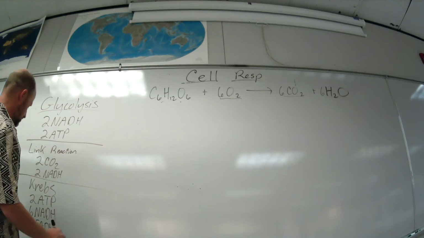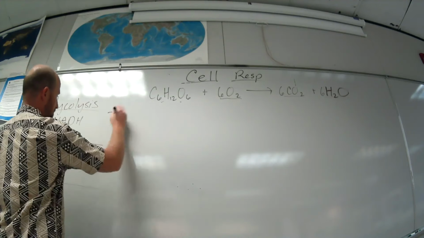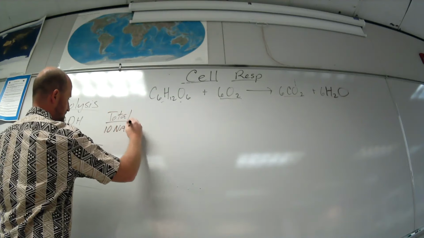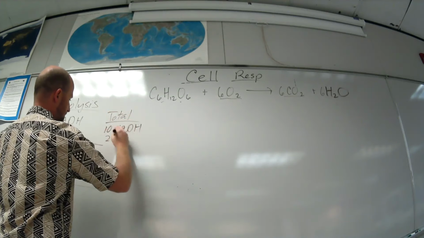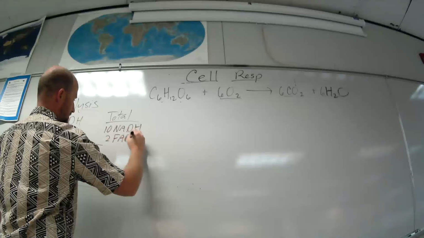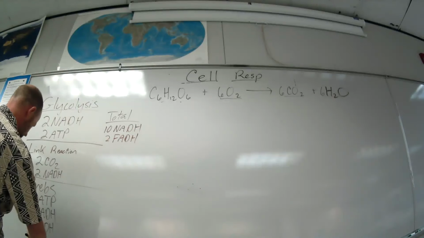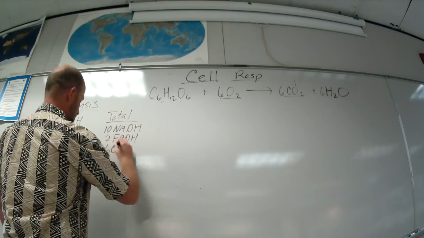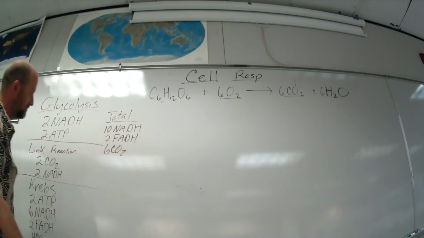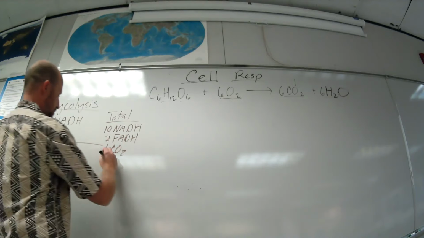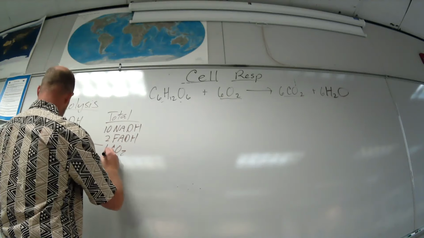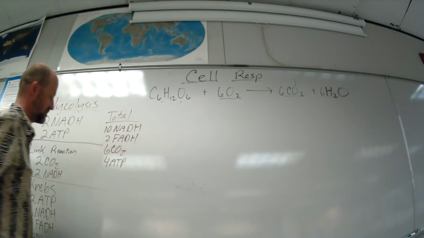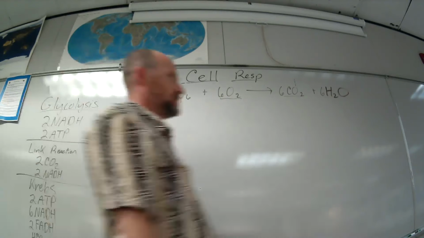That gives us a total of 10 NADHs, 2 FADHs, and I forgot, we also get 4 CO2s here. Okay, 6 CO2 and 4 ATP. For net ATP, we actually have 6 total ATP.